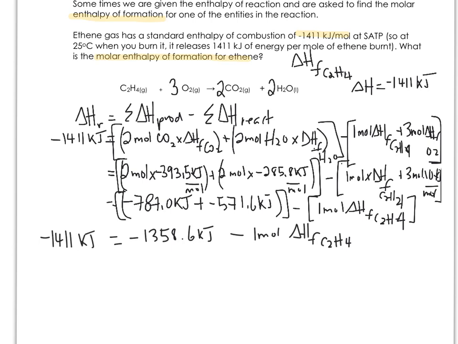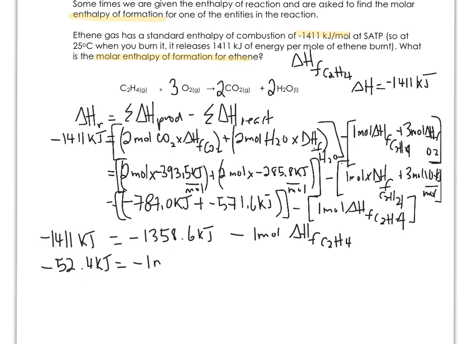All right, so now let's get to business. We're going to move our numbers around so that they are together. So I'm going to move this number to this side. As you move it to this side, it becomes positive. So negative 1411 plus 1358.6 is negative 52.4 kilojoules.